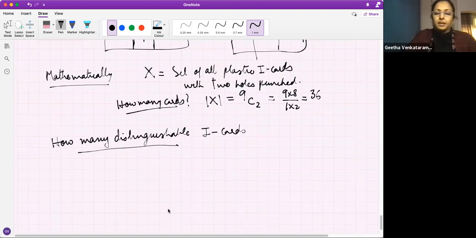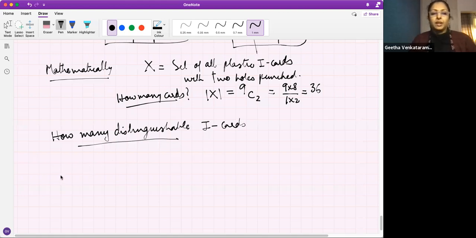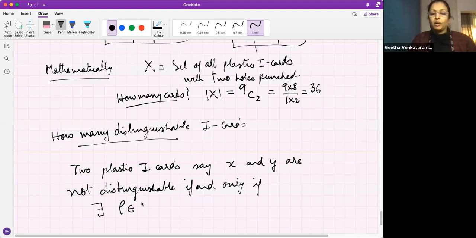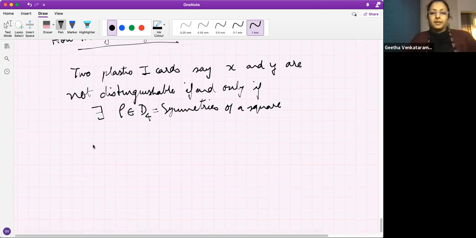Here, what you have to think about is, 2 plastic I-cards, say X and Y, are not distinguishable if and only if there exists a rho belonging to D4, which is the symmetries of a square, such that if I apply rho on X, I end up getting Y.